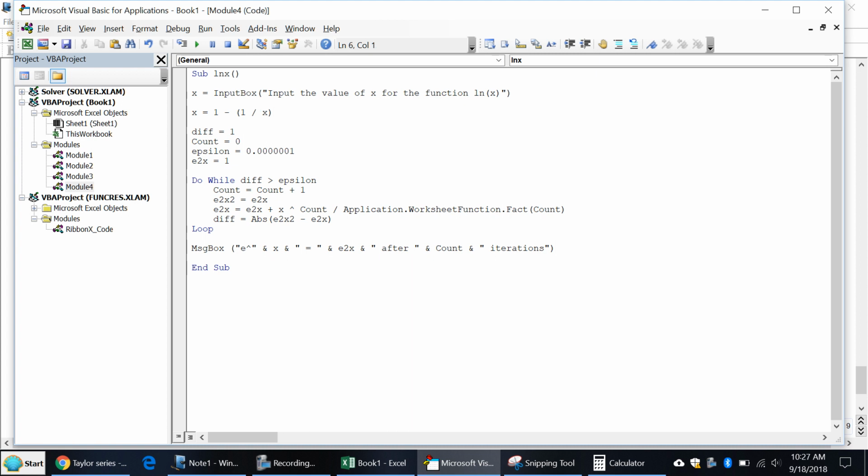So I'm going to take x and transform it. I'm going to leave this the same, leave this the same, leave this the same. I'm going to do this: X2x equals 0. Diff, that's the same. Now all I'm going to do is change this to count.